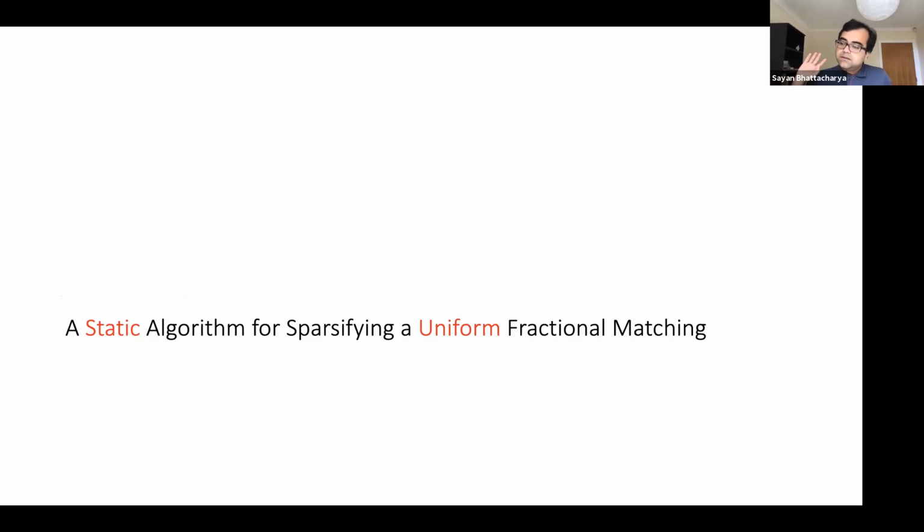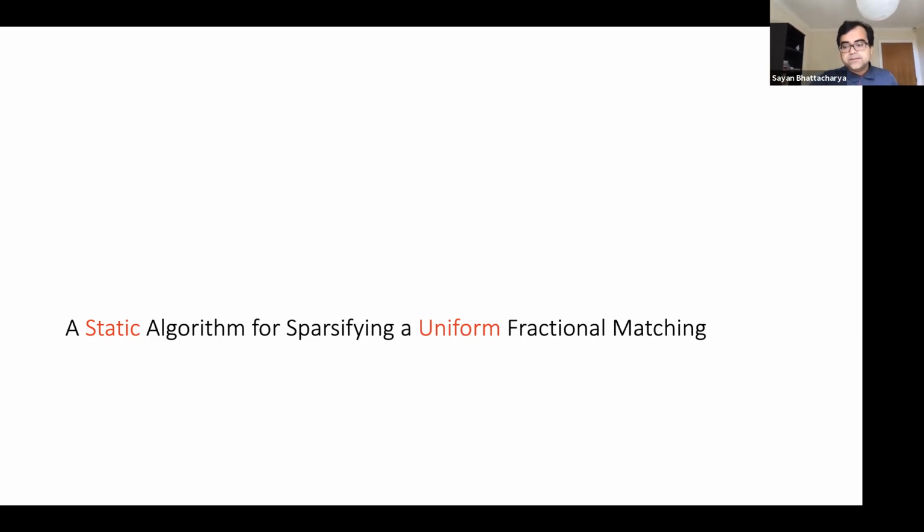Now, for quite some time, maybe for the next 10-15 minutes, I'll be talking about a static algorithm for sparsifying a uniform fractional matching. And if we understand clearly what is going on in the static algorithm, and this is one algorithm we design, if we understand this first, then making it dynamic will be conceptually relatively natural and straightforward.